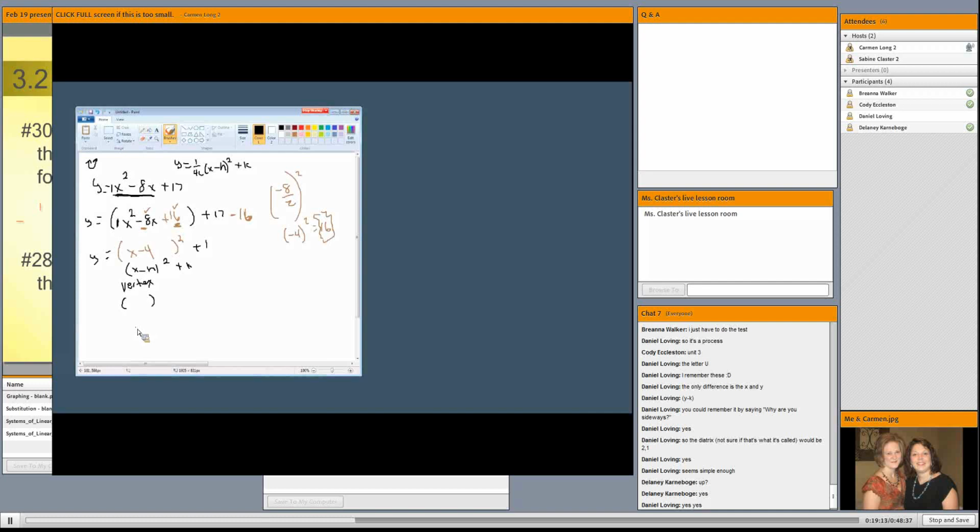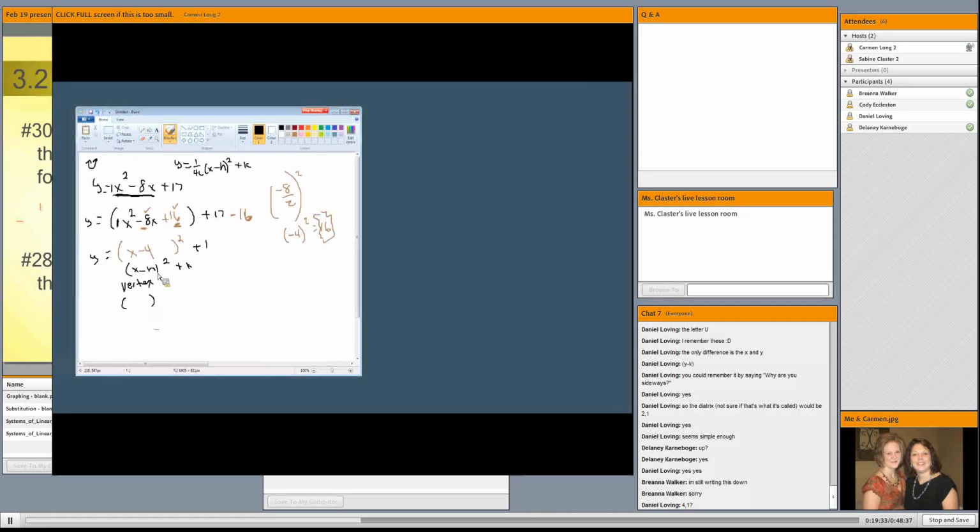Oh, writing it down. That's right. Your h is 4, because remember the x minus comes from the formula. So you have a vertex of 4. It opens up because the number in front of this is a +1, right?